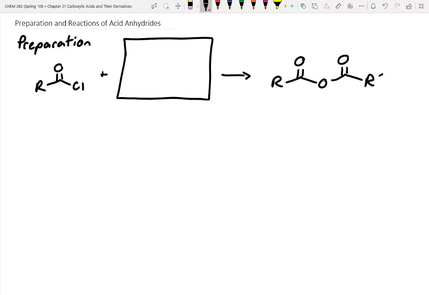I'm going to put this as R prime. What do you think we should put in that box? Check with your neighbor and see if you have an idea. If we think about it, right, we're just adding in this chunk.